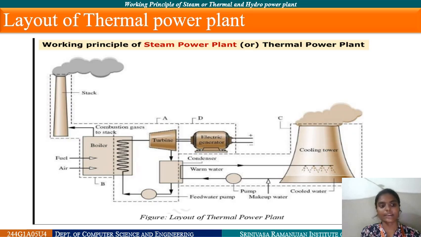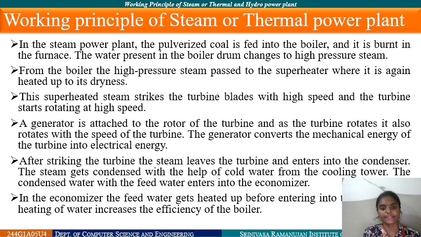The exhaust gases from the furnace pass through the superheaters, economizers and air preheaters. The heat of these exhaust gases is utilized in heating steam in the superheaters. After burning the coal in the furnace, the ash is transported to the ash handling plant.